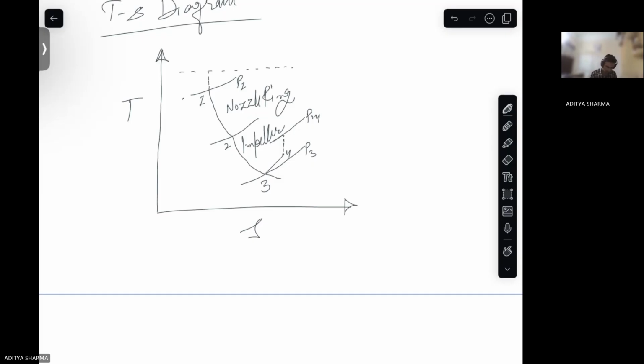This is your P0 3, the total pressure for the third state of the fluid. This is P0 1, and this is P0 2.